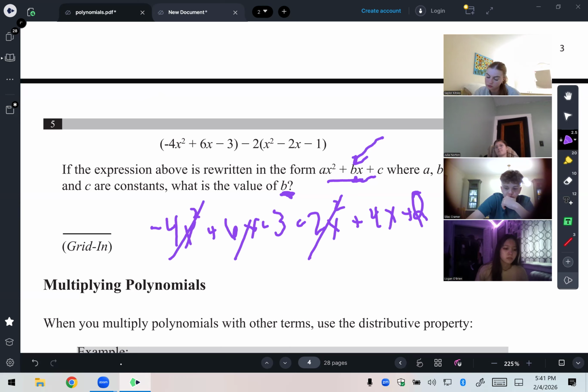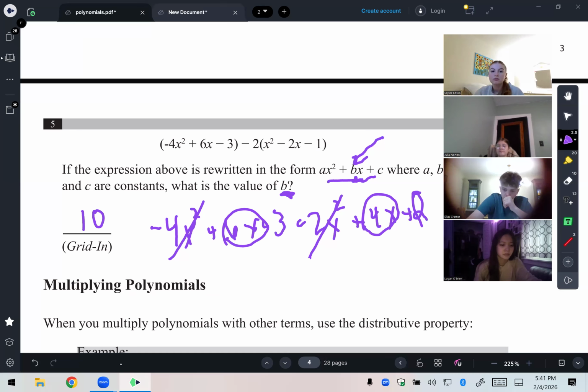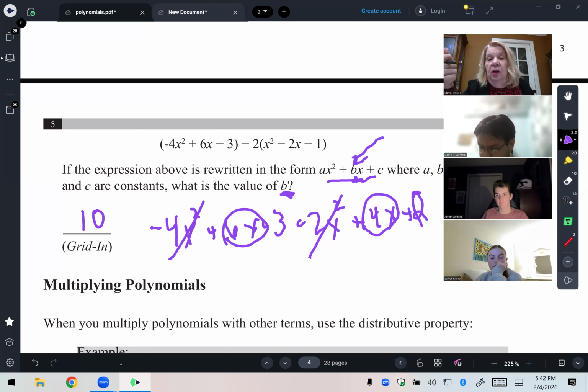All we're trying to do is get the coefficient before the x, which will be 6x and 4x, which will be 10. Does everybody see that? Now that you're good. And the other group, good. Dominic, good, good.